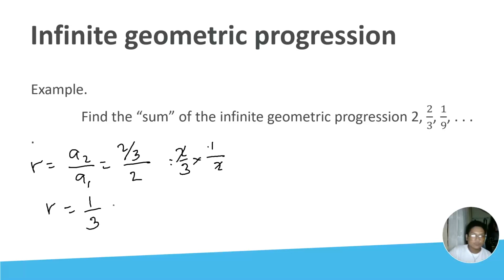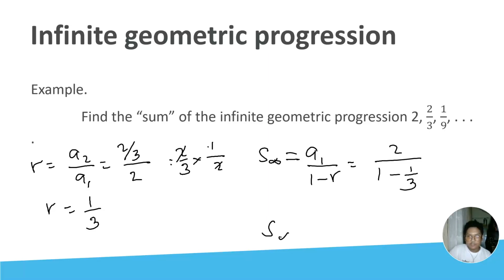So, if you have the common ratio, use the formula for the infinite geometric progression. Sum of infinite geometric progression is equals to a sub 1 divided by 1 minus r. A sub 1 is 2 over 1 minus 1/3. Sige.